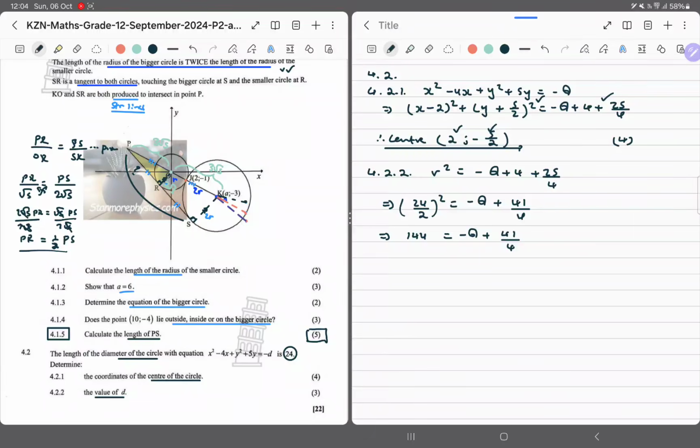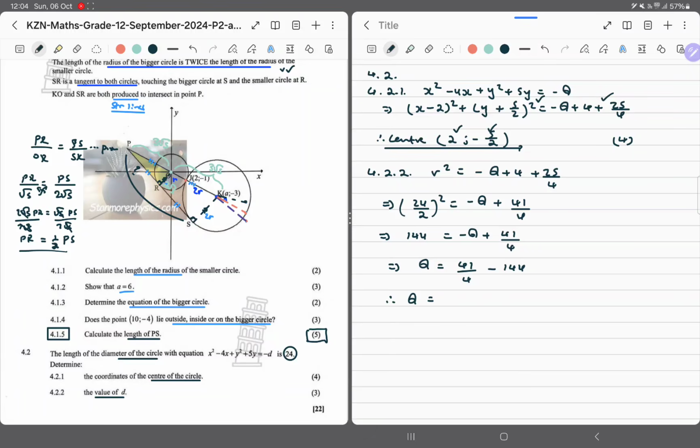Now we want d, right? So we transpose d to the other side. This implies that d is going to be 41 over 4 minus 144. Therefore d is going to be, now we multiply the 4 there. So 4 times 144, that's 576 minus 41.